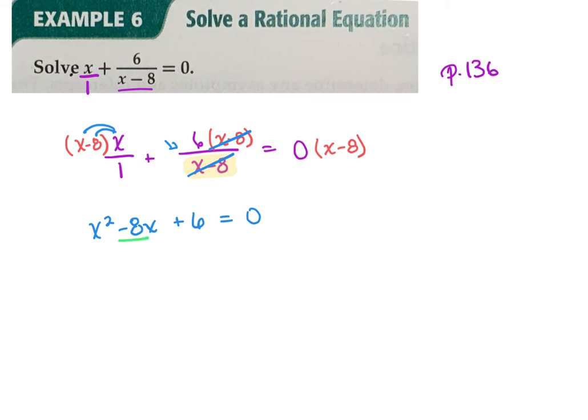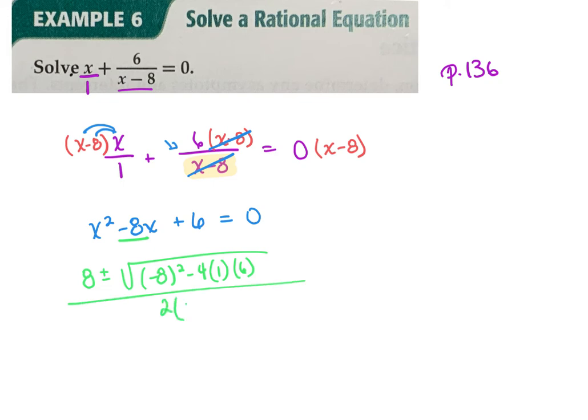My b is already negative, so I'm going to say 8 plus or minus the square root of b squared minus 4 times a times c, all over 2 times a. All right, simplify that. You're going to get 8 plus or minus the square root of 64 minus 24, all over 2. Just keep simplifying.